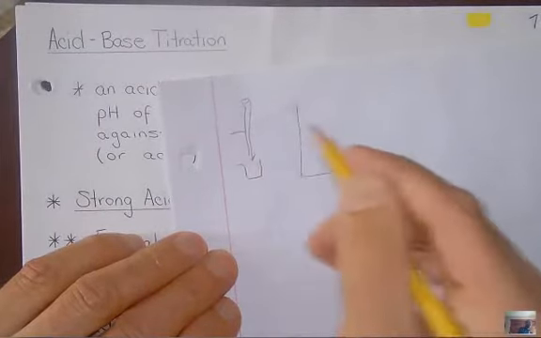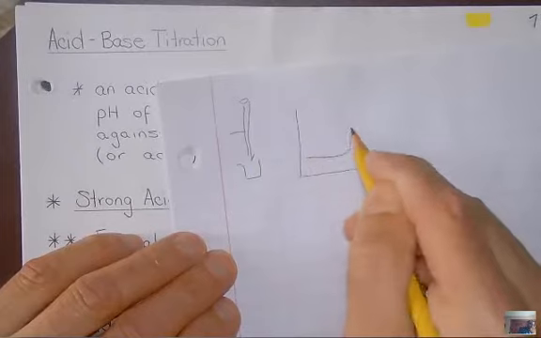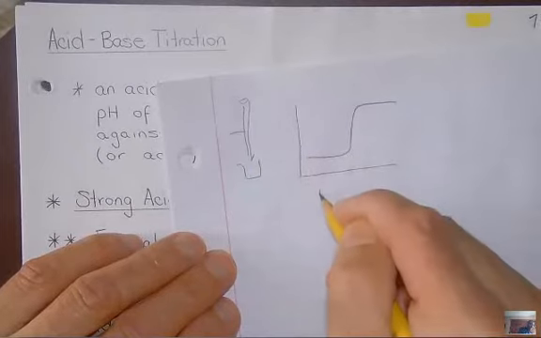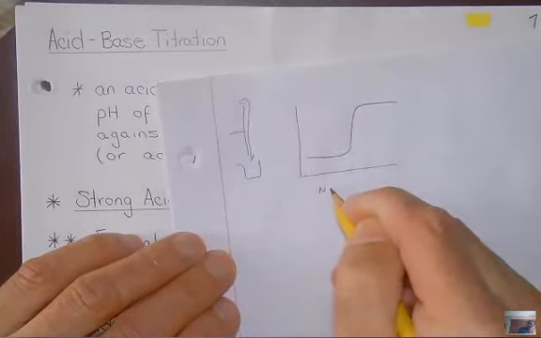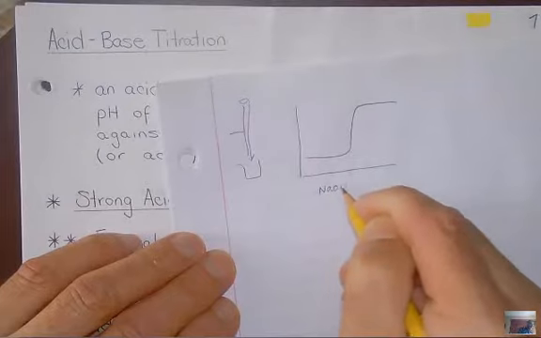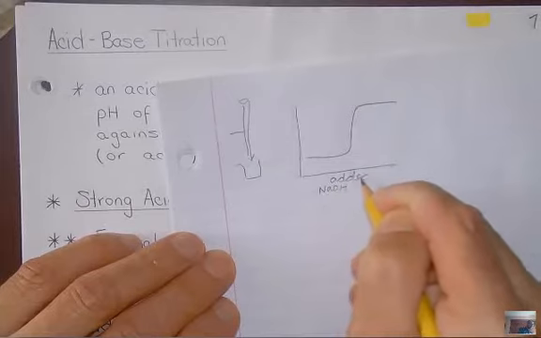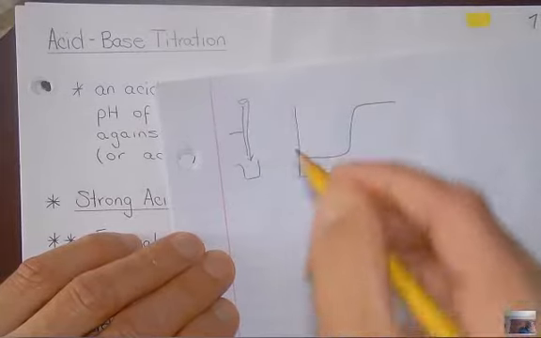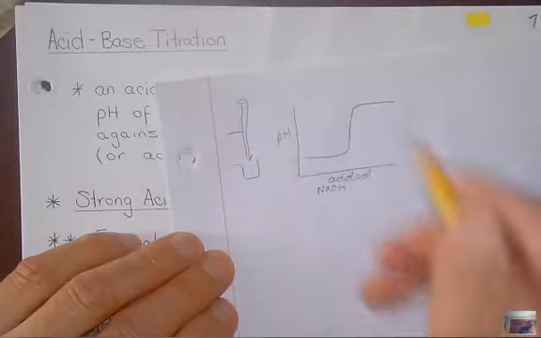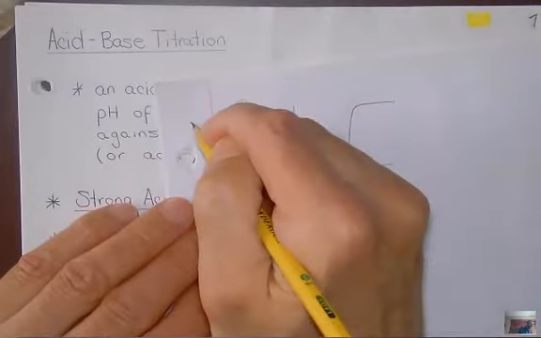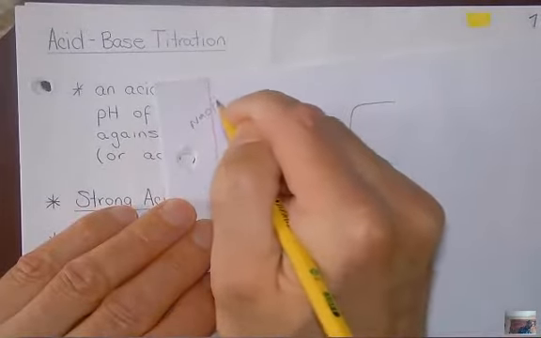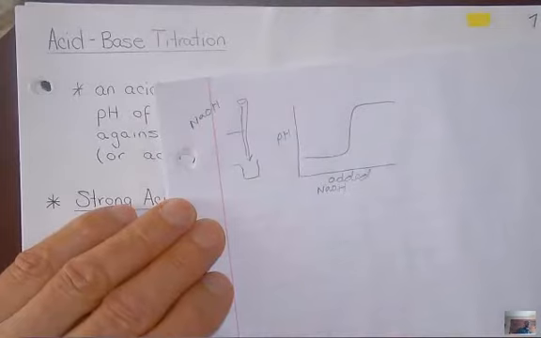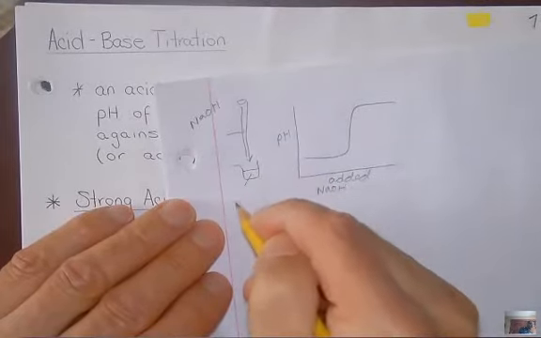So over here is the strong base, so we expect our titration curve to look like this, where this is milliliters of sodium hydroxide added. So I'm adding NaOH and my pH is going to go up. The sodium hydroxide, the known concentration, goes in the burette. What goes down here? The unknown concentration of the acid.